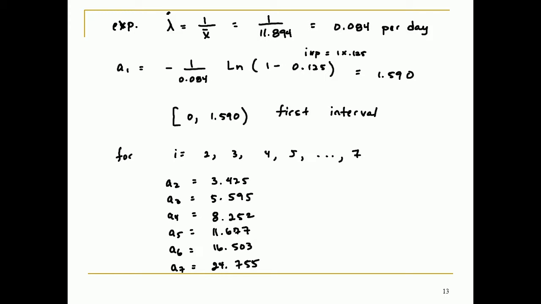Okay, and using these values, now we have the intervals for our chi-square test for the exponential. And remember, all of these intervals have the same probability.